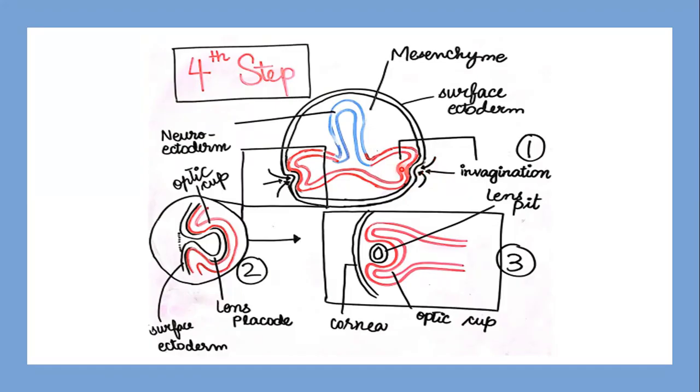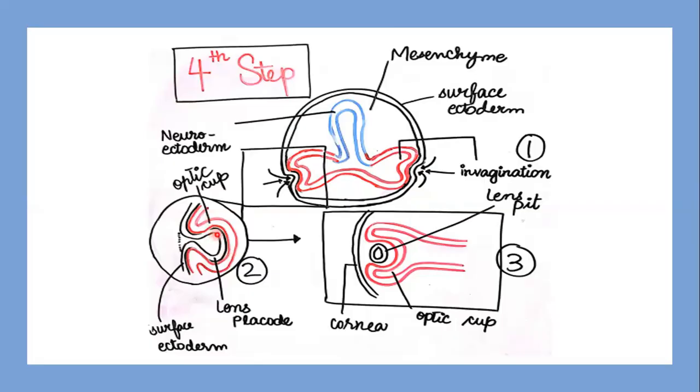In the second step, you can see it is happening in both directions. Invagination is happening on both sides, because we have two eyes in our body. So invagination will occur up to the point where a circular structure is formed.